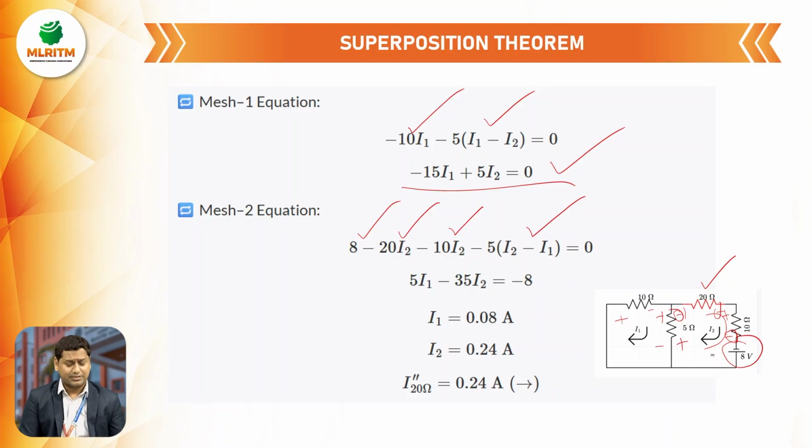So this gives 5 I1 minus 35 I2 is equal to minus 8. So I1 is equal to 0.08 and I2 is equal to 0.24. So I20 ohm double dash is equal to 0.24 amperes. This is for the second source acting while the first source is deactivated.